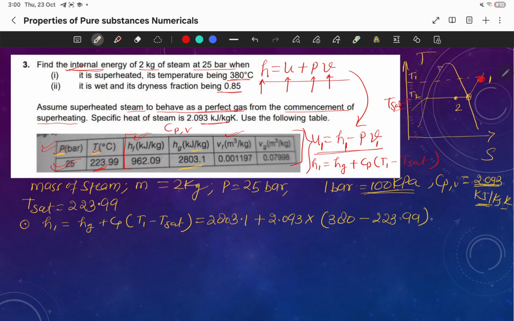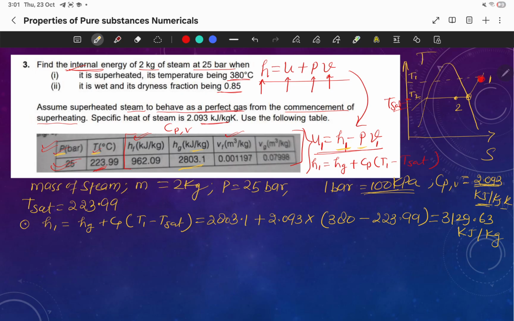Okay, so by solving this we will get 3129.63 kilojoule per kg. So this is the value of H1, enthalpy at point 1. So we have found the value of H1 and the pressure is constant.